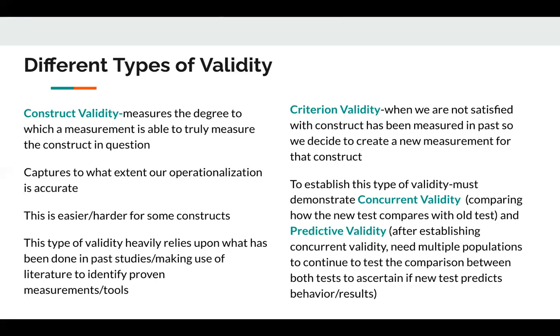And then once you've established predictive validity, like, yes, I can go out into other populations that haven't taken the old tests, and my test will still predict how they feel, how they respond on certain measures. Then once you have that validity between the two of them, now you can say you have established criterion validity with your new measurement.